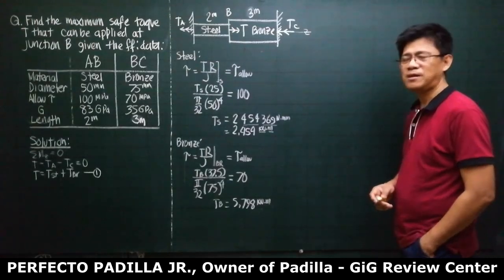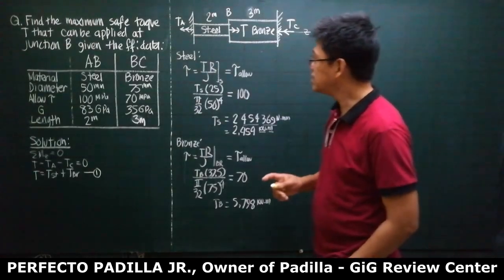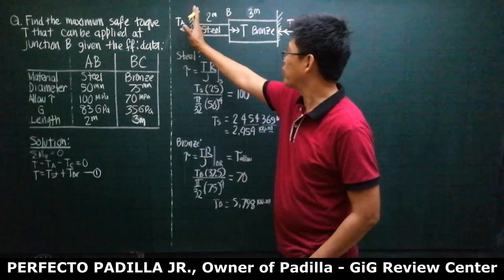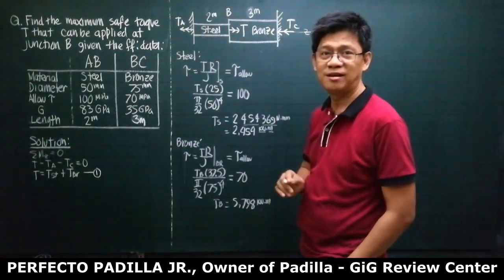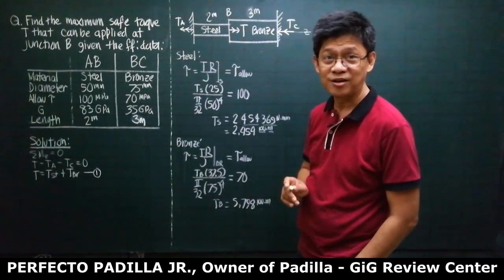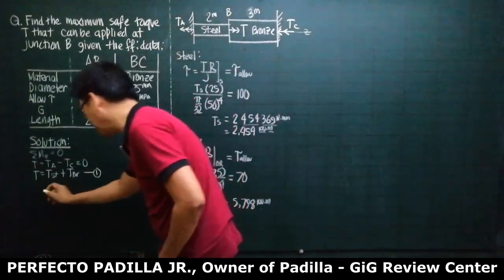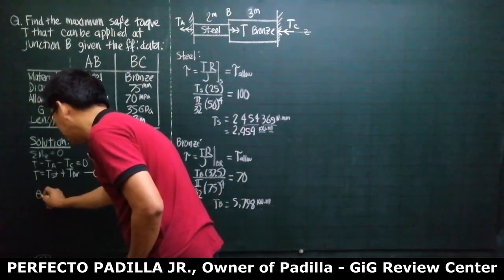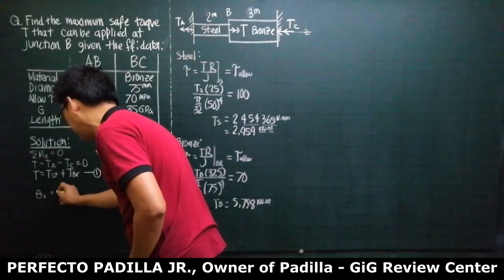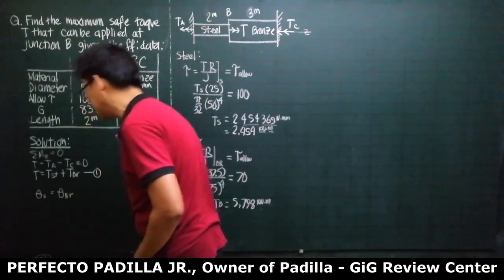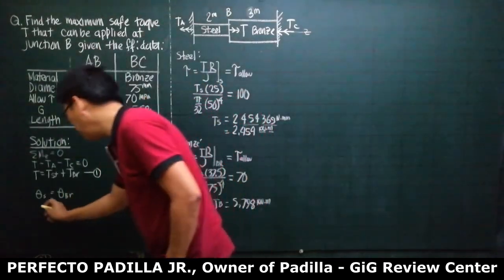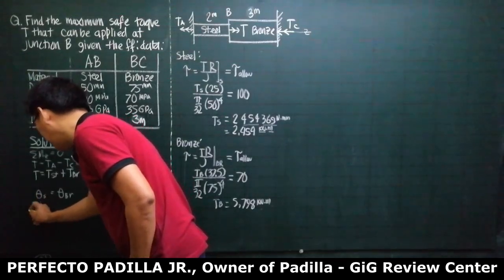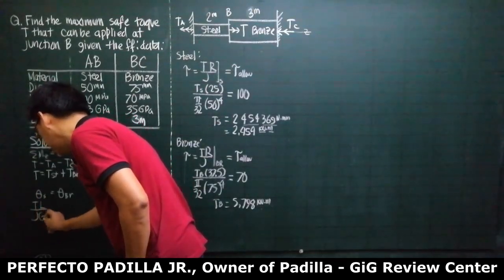Let me explain further. We said that from A to C, the theta is 0, from which we obtain that the theta in steel is equal to the theta in bronze. But theta, we know, is TL over JG.